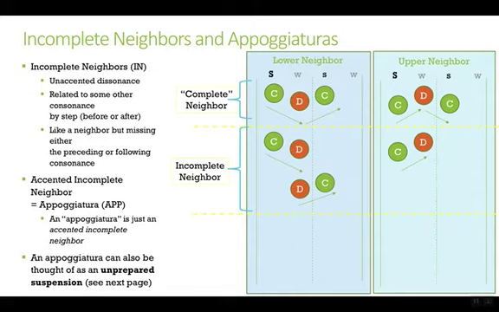And then the same thing would be with the upper neighbors. As you can see, I'm just taking this structure and omitting, in this case, that C, and in this case, that C. In every case, the dissonance is on the weak beat, and it either goes to a consonant or comes from a consonant. So that's why we call them incomplete neighbors.